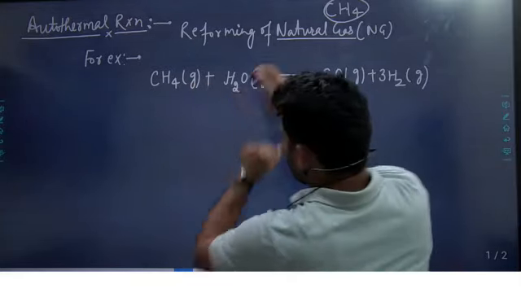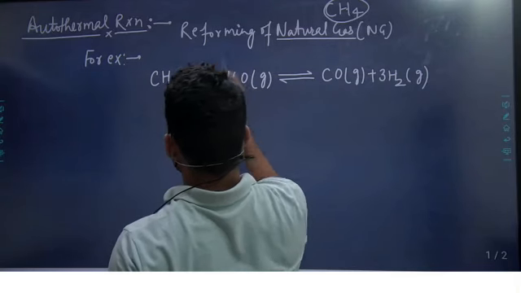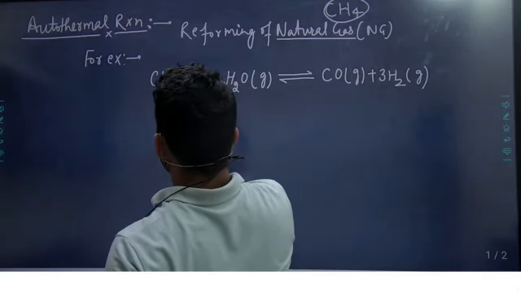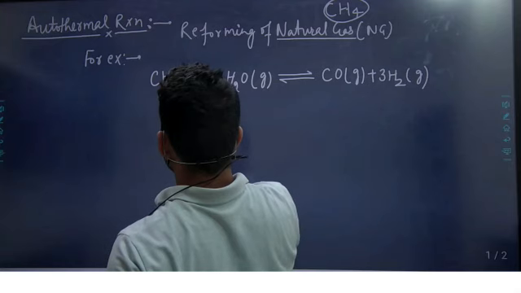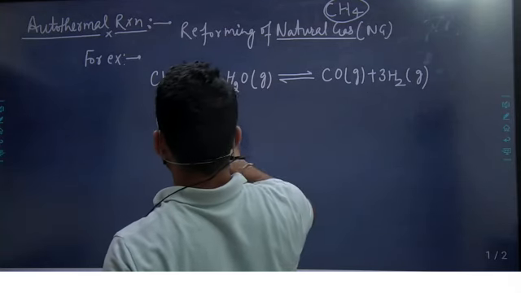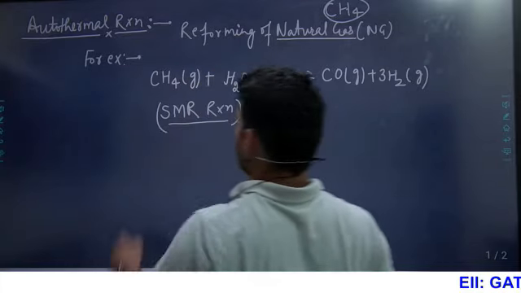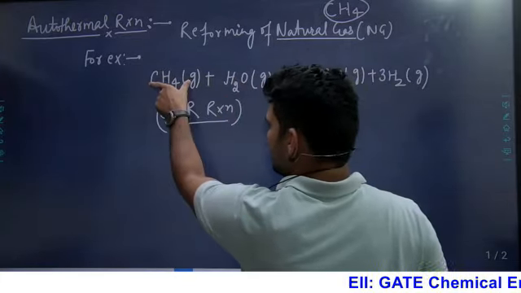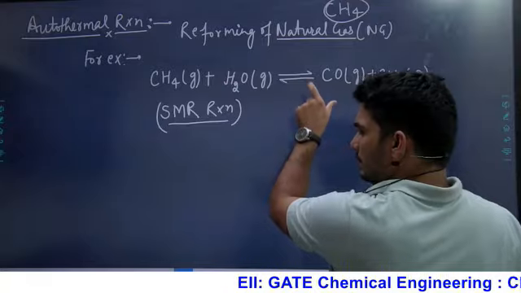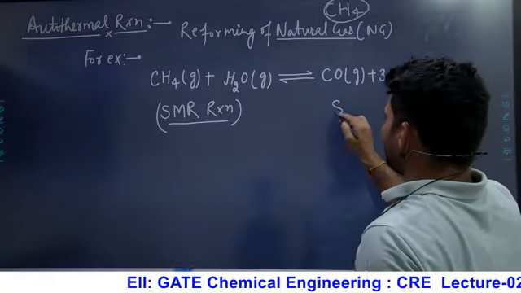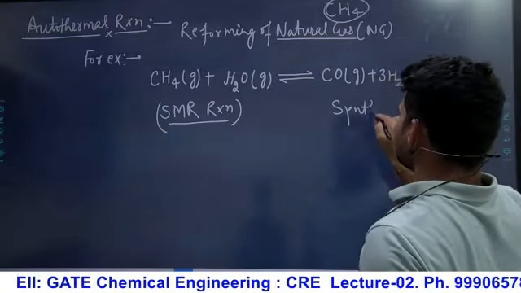So that is also called steam methane reforming. Steam methane reforming means SMR reaction. We say it as SMR reaction. So it is converted into the synthesis gas. What is the synthesis gas?